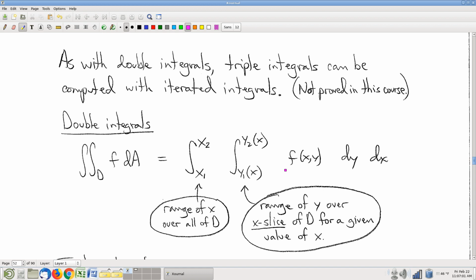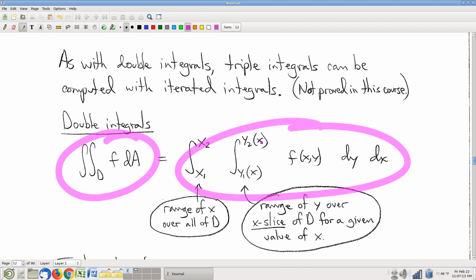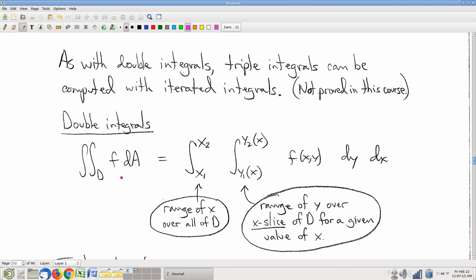I'm just going to assert, we're not going to get rigorous here in Math 212, but analogous to the idea that double integrals could be computed with iterated integrals, there's an analogous thing for triple integrals. This is just how the details work out, and I think it's highly plausible. Reminder, for the outside integral, remember that terminology, outside, inside.